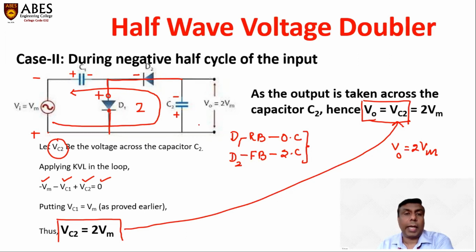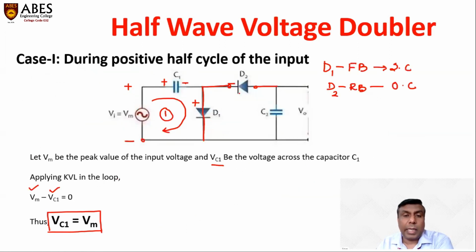Now the question arises: why is it called a half-wave voltage doubler? Because we are getting twice Vm during the negative half cycle, where the voltage across capacitor C2, that is Vc2, is equal to twice Vm. But during the positive half cycle, the value of Vc1 was Vm.